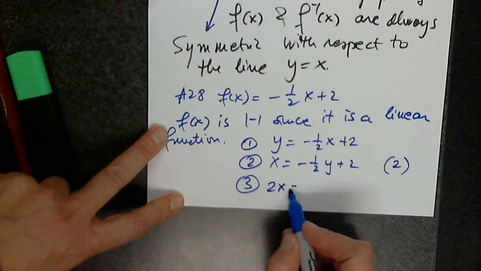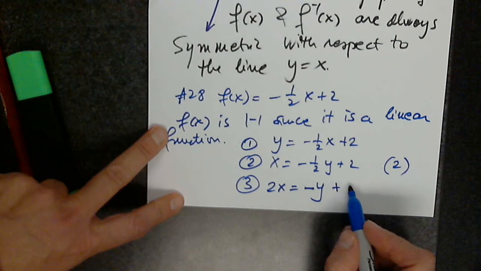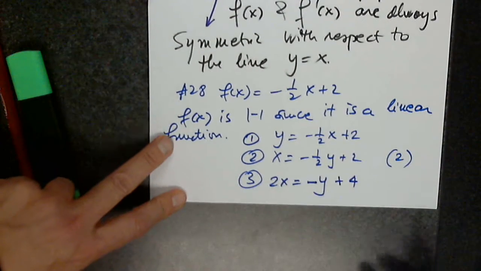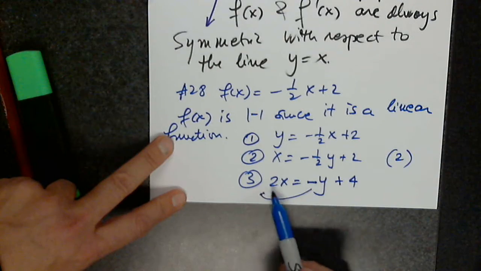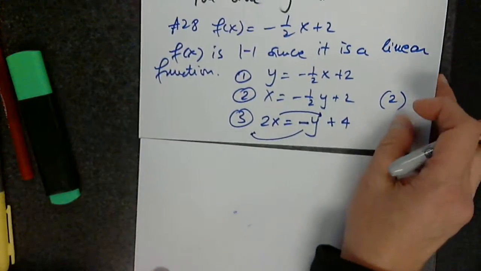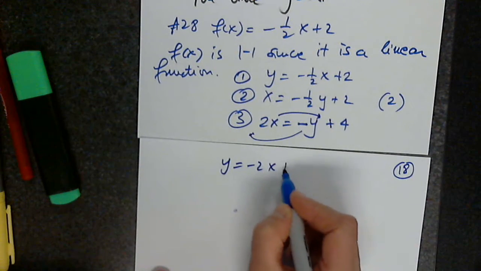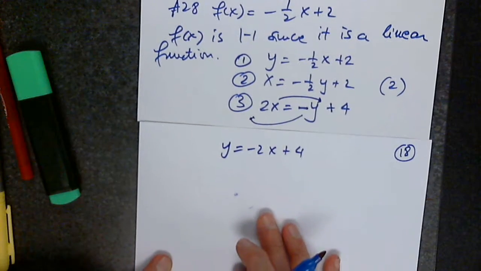So I have 2x equals plus 4. And this is what I would do now. I would move y and I will move 2x. It's up to you. Whatever you do, we're going to get the same answer. So then y equals negative 2x plus 4. Do you agree with that?